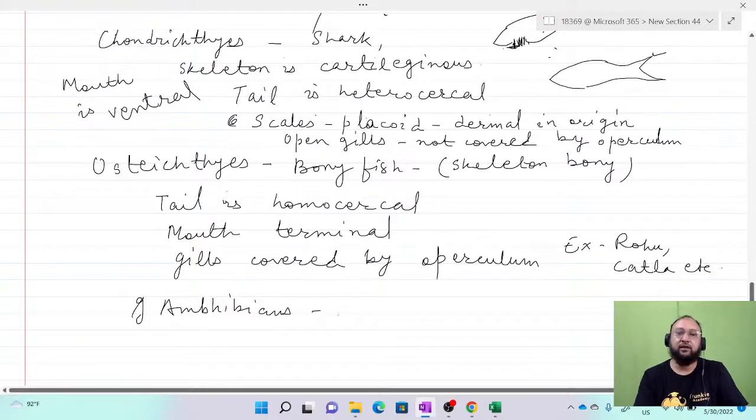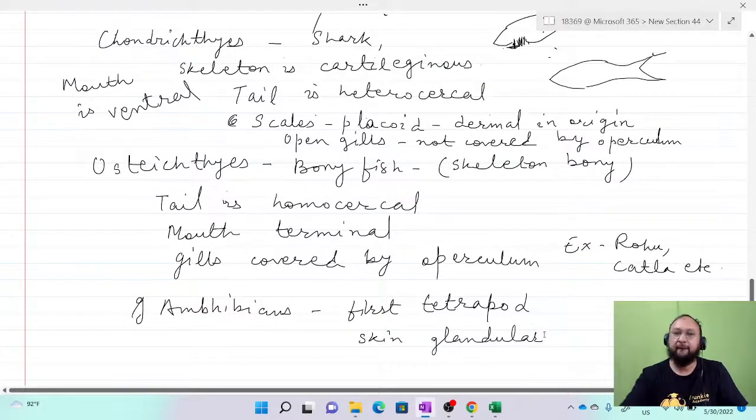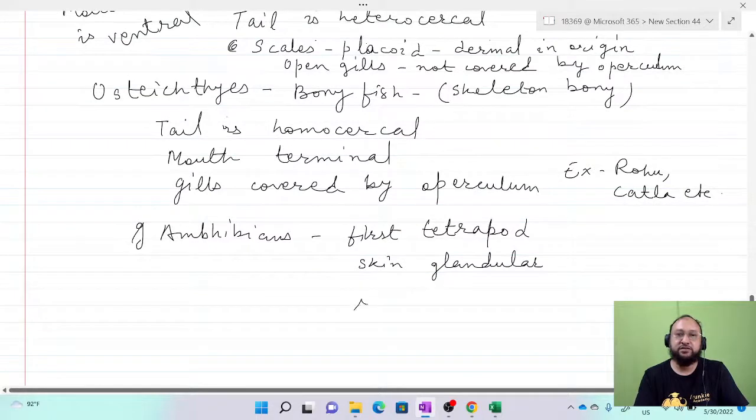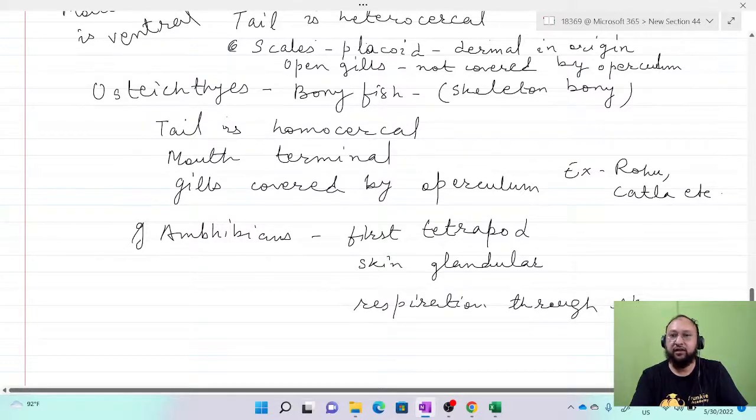Okay. In case of amphibians, they are the first tetrapods, with four limbs. Skin is glandular. Respiration is through skin and lungs.